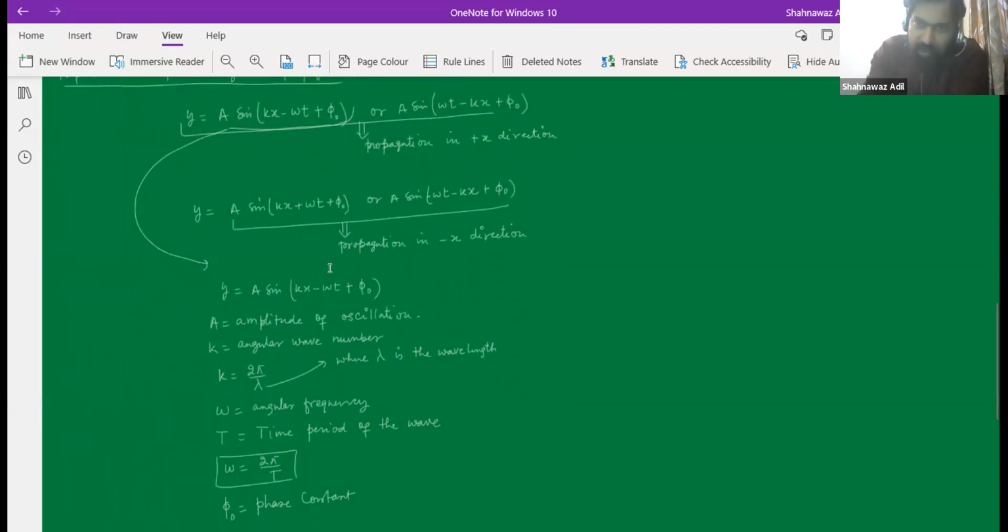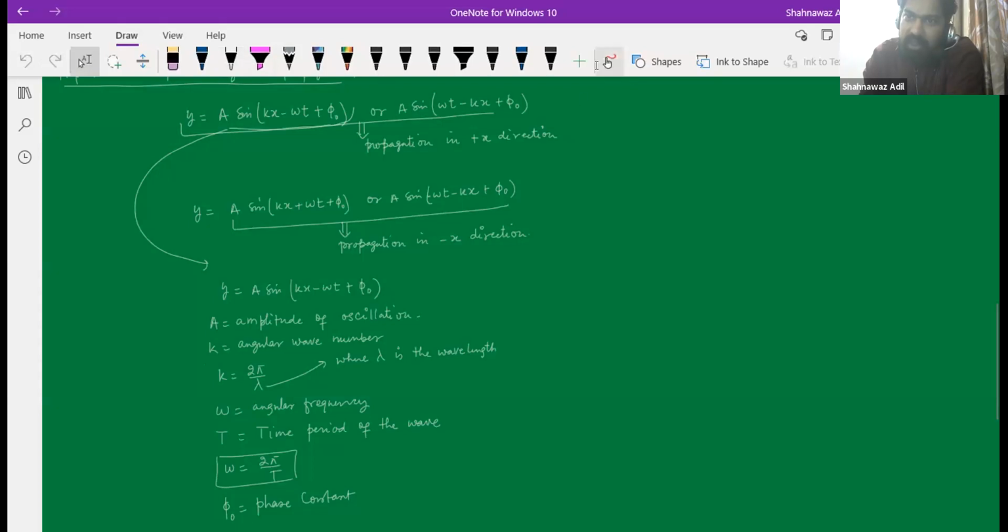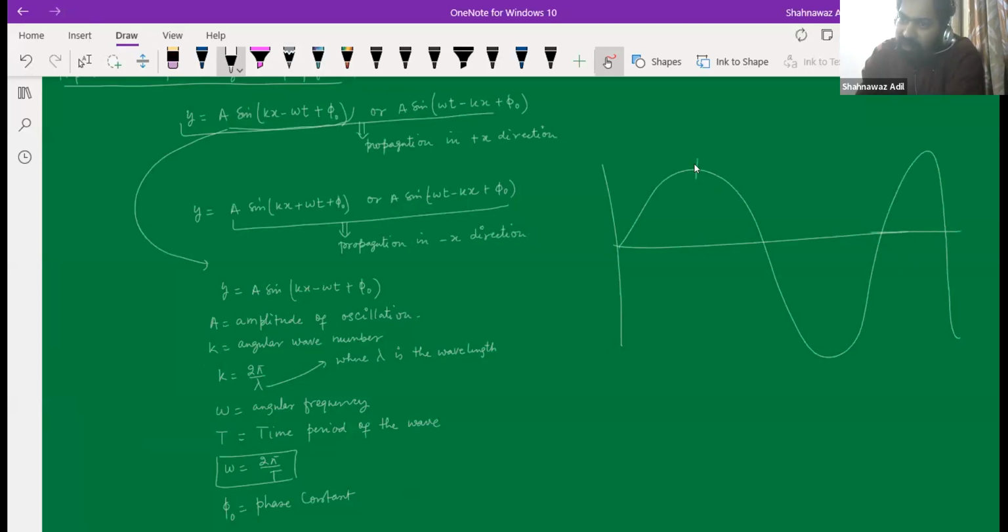In a wave propagation, what was this quantity? We have a wave which is propagating like this. So what is this quantity? The distance between two crests and the distance between two troughs. What is that? That is the wavelength, right?